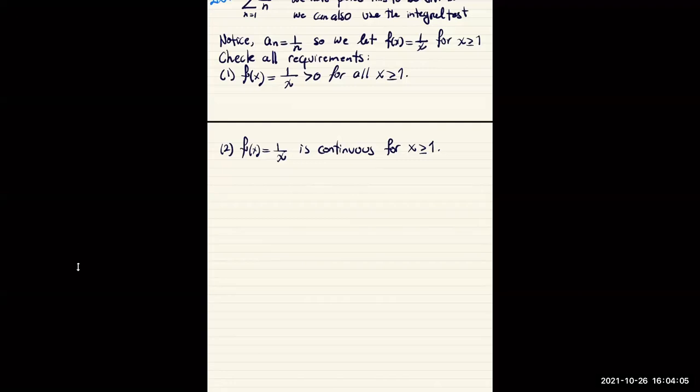And for the third part, we need to say f is decreasing. And for that, you can definitely, as we said, use the first derivative. Find f prime of x. F prime of x, you can use the power rule. It's negative 1 over x squared. And again, not much to say because x squared is always positive. It has a square after all.